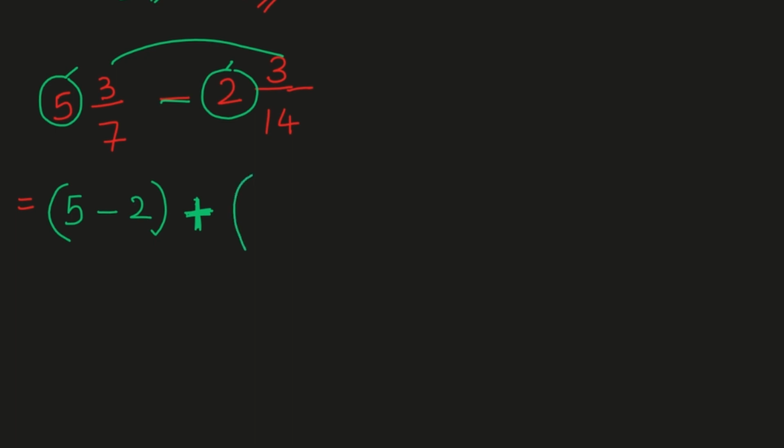Okay, let's put another bracket here, and 3 upon 7 minus, here it's minus. What you have to do, you have to subtract, you have to put minus. 3 upon 7 minus 3 upon 14. Great. So 5 minus 2, it's 3. Plus, now what happens?